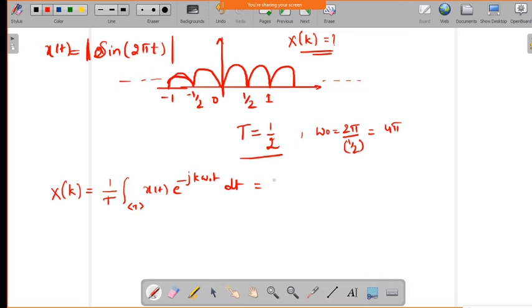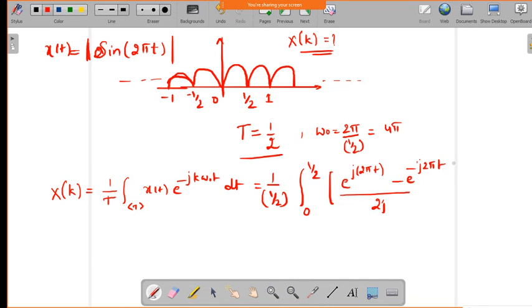So now you find the expression for x of t, which is sine 2 pi t, over the period 0 to half. You can write sine of 2 pi t as e power j 2 pi t minus e power minus j 2 pi t, divided by 2j, into e power minus jk omega naught, which is 4 pi, into t, into dt.